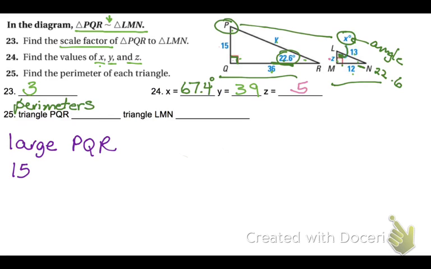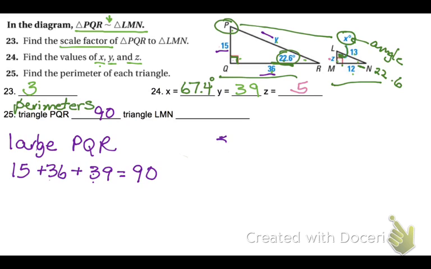So 15 plus 36 plus y. And we know that y is equal to 39. So you add all those together. The perimeter of PQR is 90.